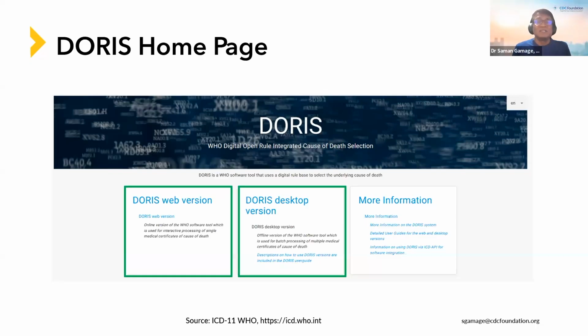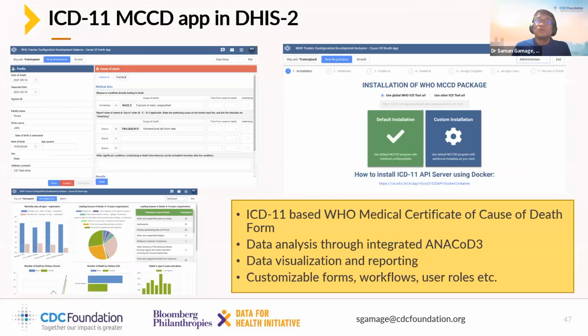So within a very short time, it is able to batch process hundreds or thousands of death certificates and give you the underlying cause of death selection, and codes the individual conditions as well as selects the underlying cause of death, applying WHO mortality coding rules. So we will talk more about the Doris application in a future session.